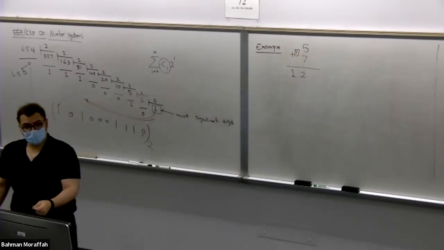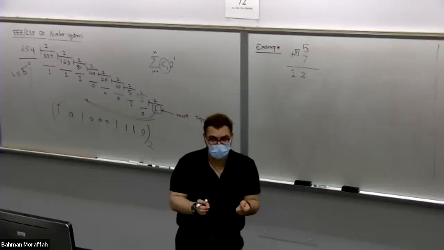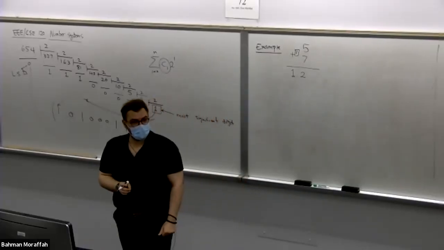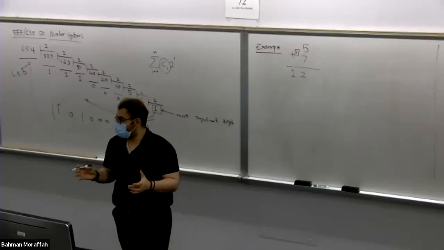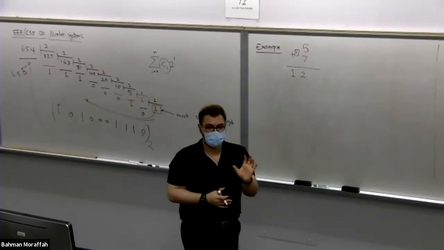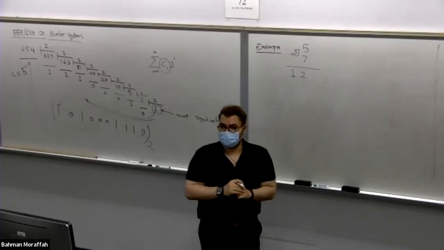In other words, every number in decimal should be in terms of coefficients that are less than 10, right? But this 12 is not less than 10. So what I do is I keep the 2, which is less than 10, and then carry over the whole thing.